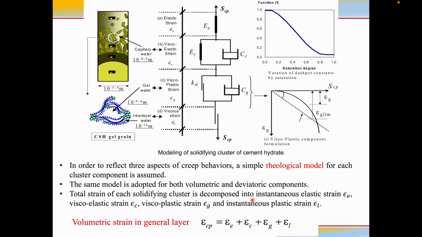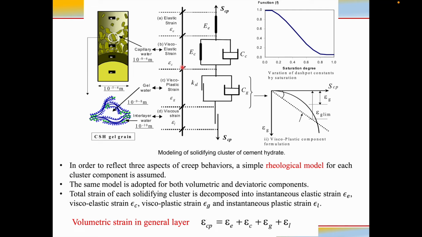So again, in order to reflect three aspects of creep behaviors, a simple rheological model for each cluster component is assumed. This kind of modeling is called a rheological model. The same model is adopted for both volumetric and deviatoric components.